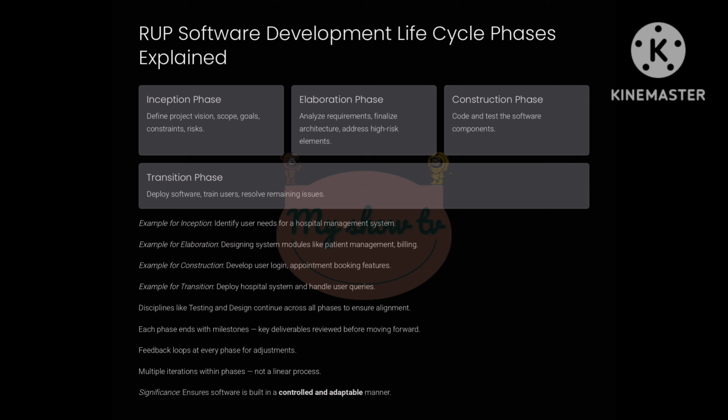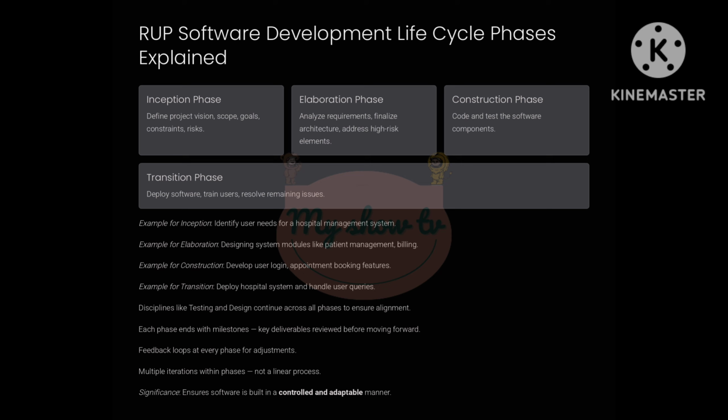3. Construction phase: main development phase where coding and testing of components take place. Example, actually building patient record management and billing systems. 4. Transition phase: final deployment of software, user training, and fixing remaining issues. Example, training hospital staff to use the system and addressing post-deployment bugs. 5.